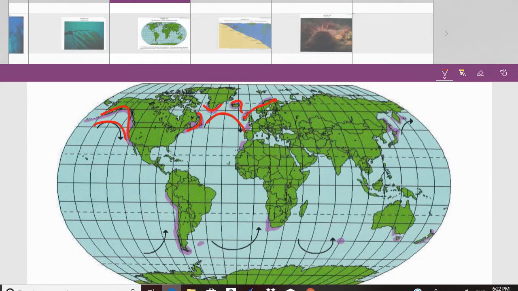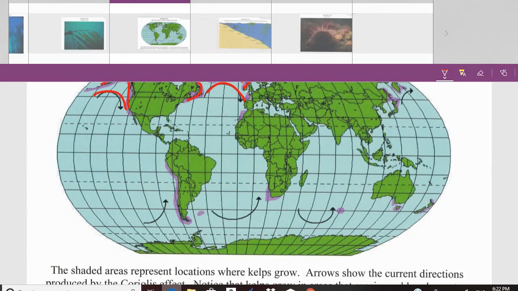But then you also notice that there are some kelp forests in more tropical areas. So these are all below the equator. So these would be more tropical areas. But in those areas, because of the way the winds and the rotation of the earth is, cold water can be brought up into these areas.